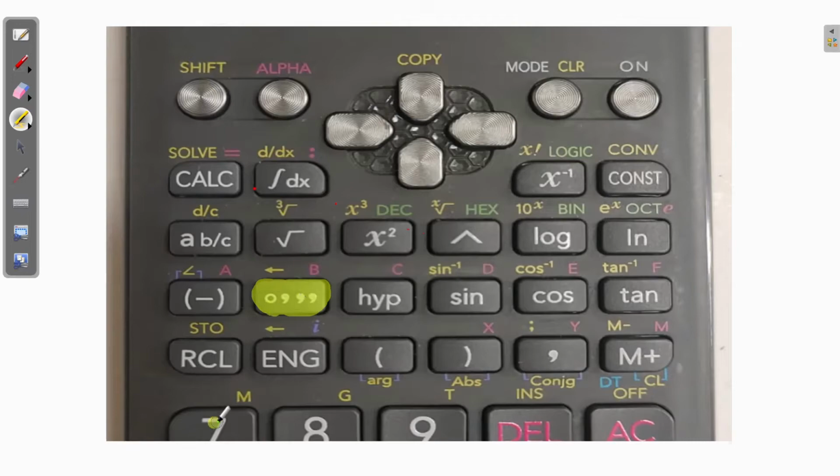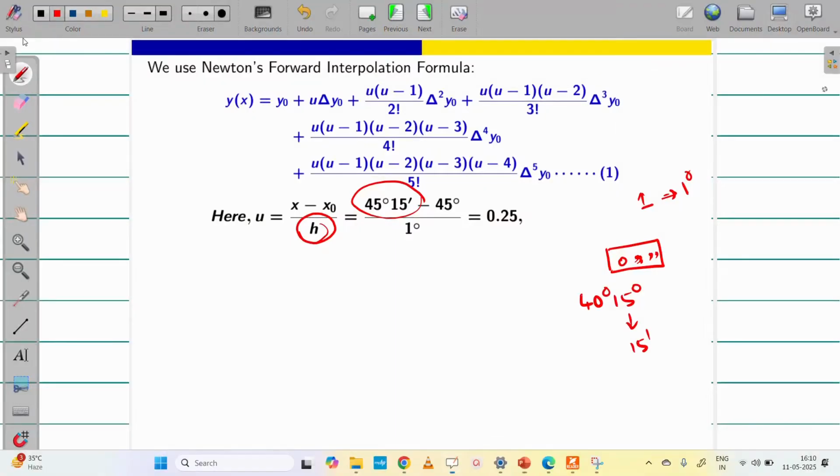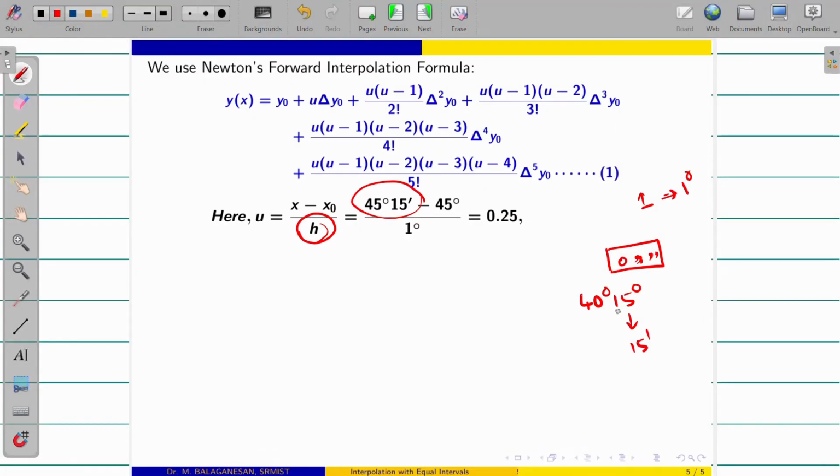If you press 7 once and then press this button, it will consider that as degree. Again, if you press 78 and press the button, it will take the second one, that is minutes. And then if you press some other value, the third time you press, it will be seconds. I hope it's clear now. But in your calculator, it will show a round circle, it will appear there, but it will consider it as minutes only.